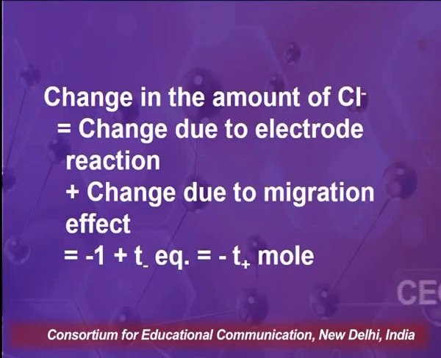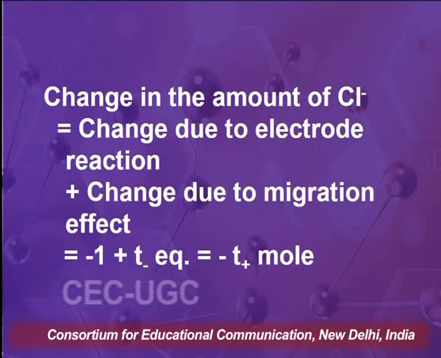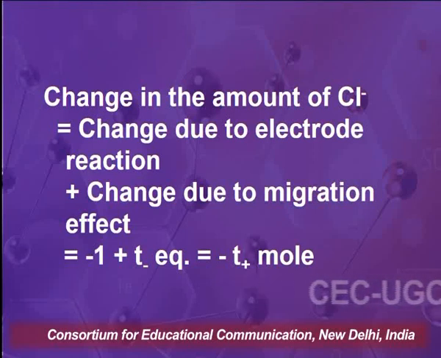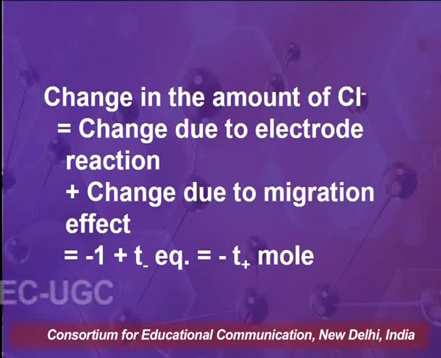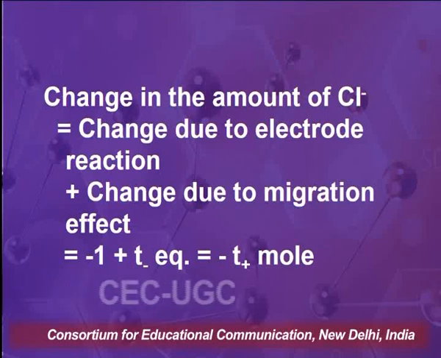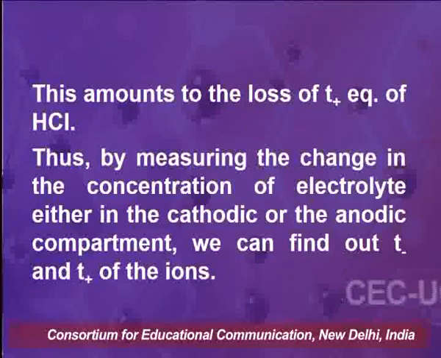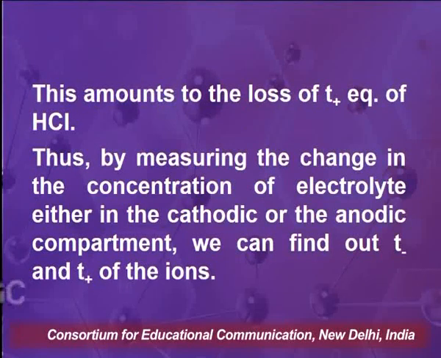Change in the amount of Cl minus is equal to change due to the electrode reaction plus change due to the migration effect, which is equal to minus 1 plus T minus equivalents, which is equal to minus T plus equivalents. This amounts to the loss of T plus equivalents of HCl.